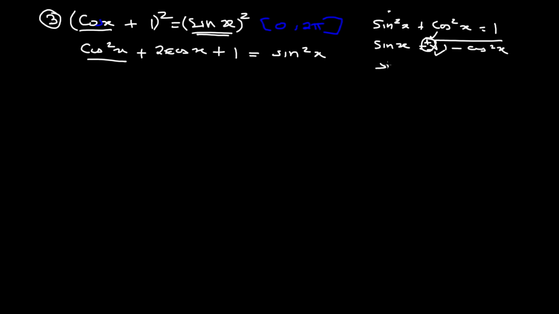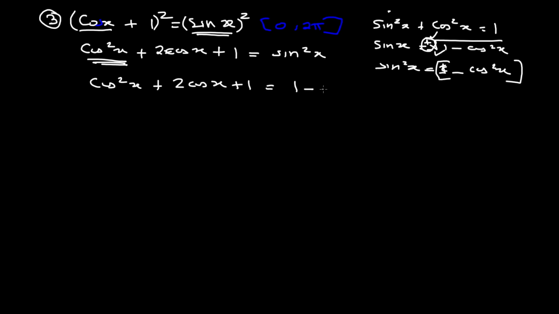So replacing sine means that I need sine squared x is equal to 1 minus cos squared x. So here I'll maintain what I have here. So it will be cos squared x plus 2 cos x plus 1 equal to, now I can introduce this, which is 1 minus cos squared x.